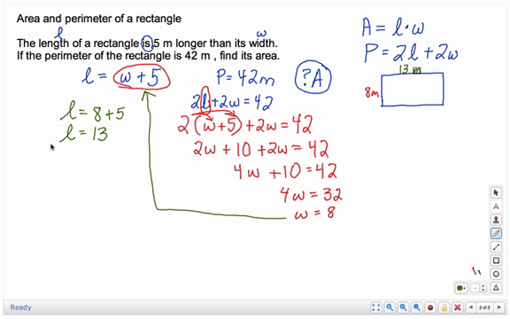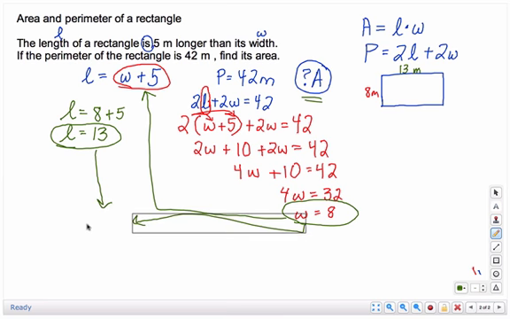And now what we're going to do is take these two pieces of information, because the question asked us to find the area, and we're going to plug these both into the area formula, which is area equals length times width.